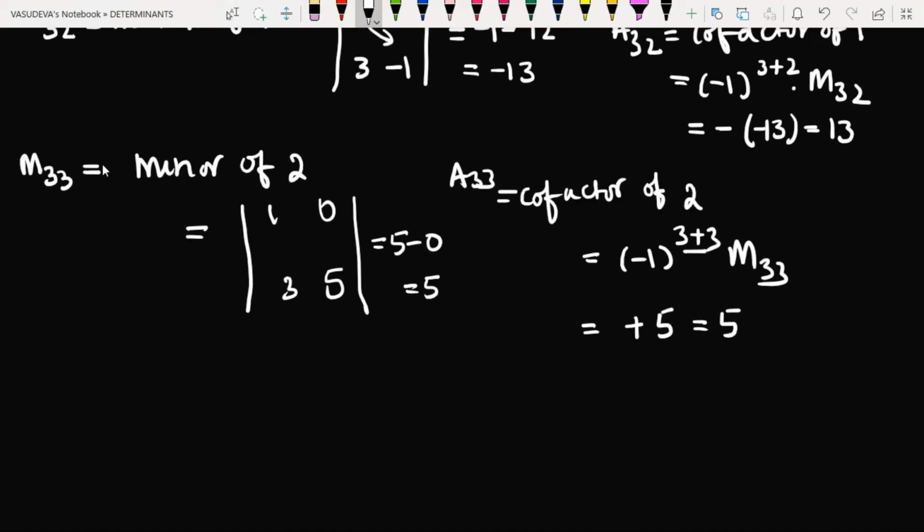This is how we can find the cofactor and minor of an element. It is better to find the cofactor directly using the sign. Writing the minors and cofactors like this is very important in the expansion of the determinant.